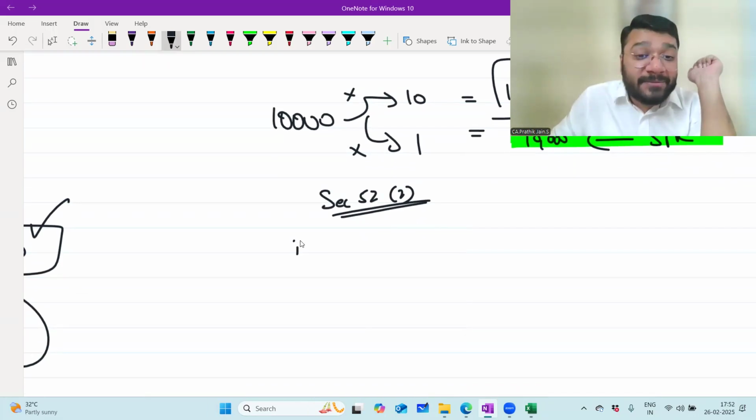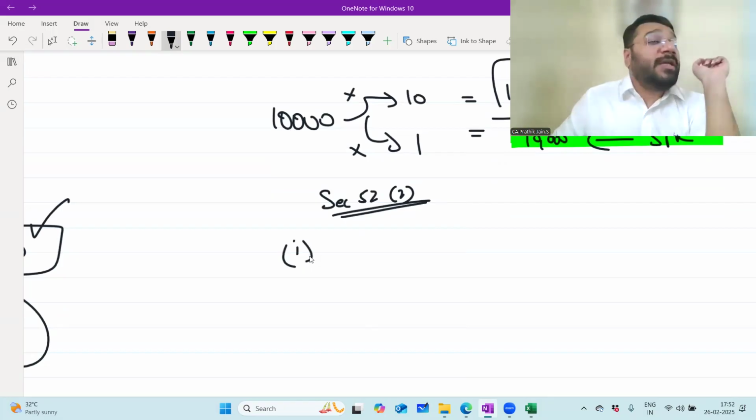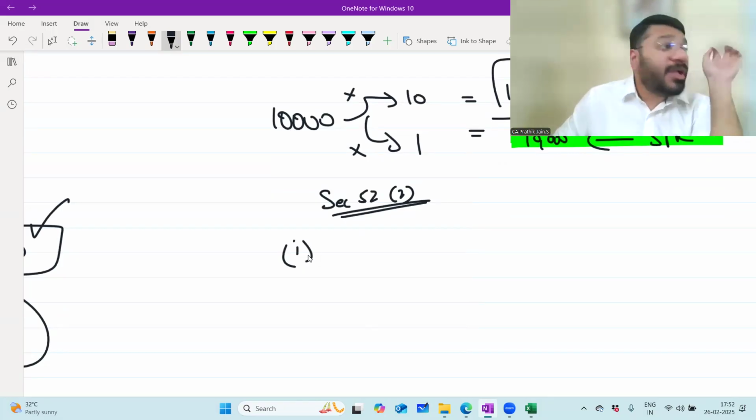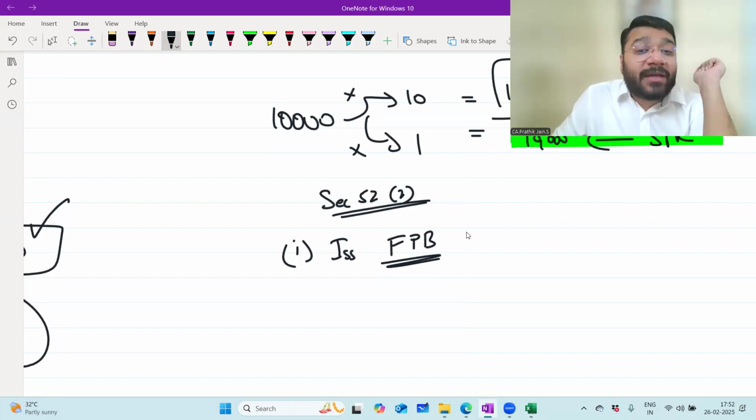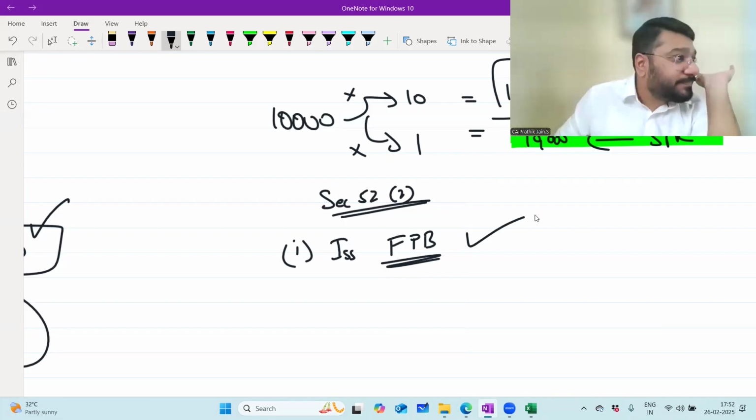What is the first reason? You can utilize the security premium reserve for issuing fully paid bonus shares. This we discussed in CA Foundation.